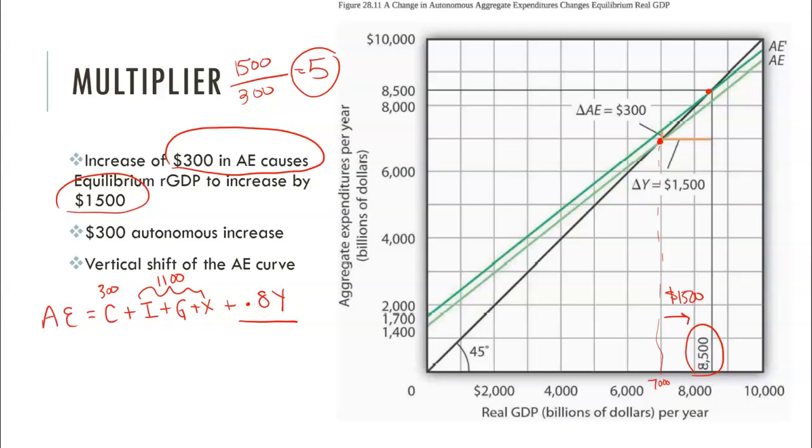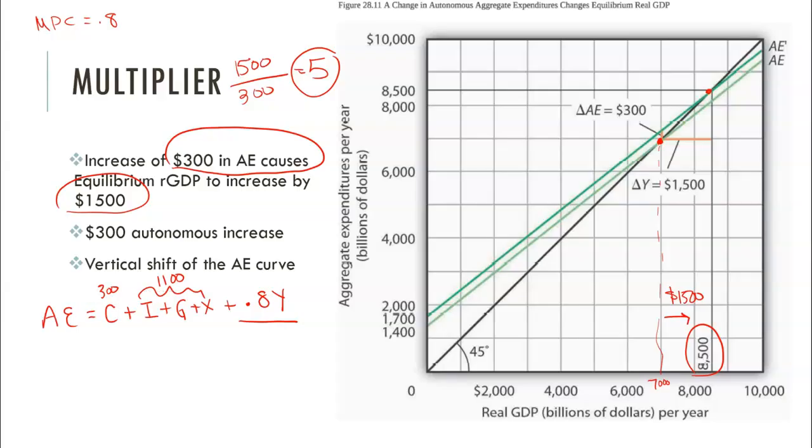So the example in this chapter has a marginal propensity to consume, an MPC, equal to 0.8. And this is also going to give us a multiplier of 5.